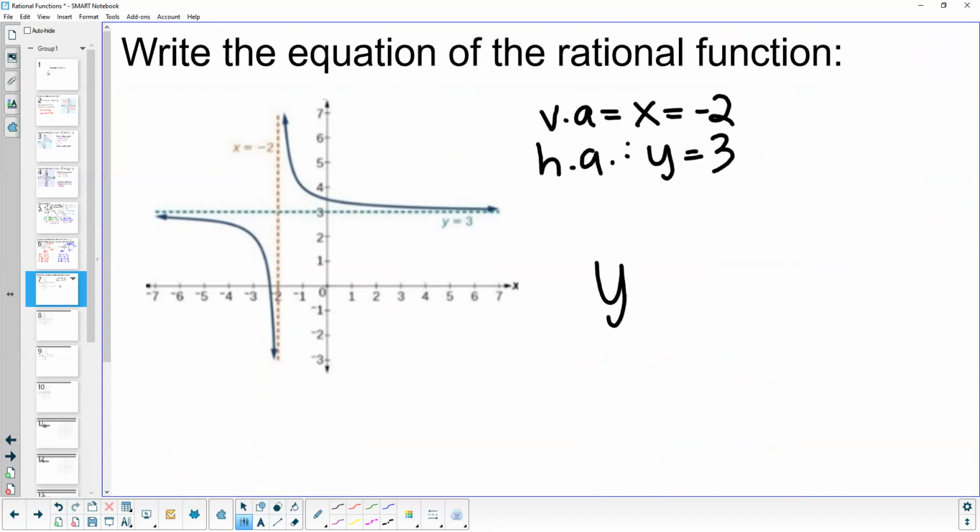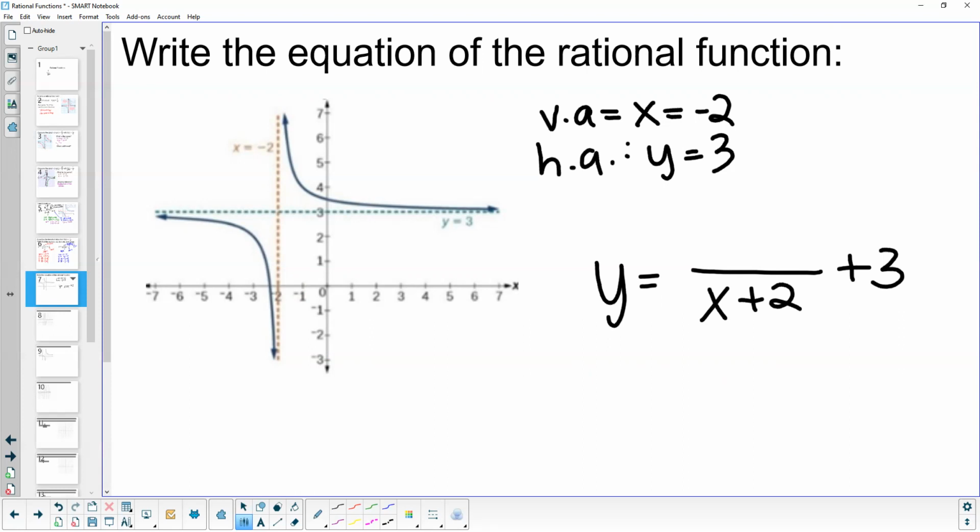Well, what that immediately does to our function is, if we have a vertical asymptote at x equals -2, we're going to have an x and then the opposite of -2, which is +2. And then we're going to have a +3 over here. Then the only thing we need to check is, did our function change at all, other than those shifts?